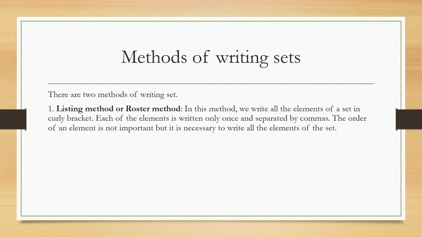The order of elements is not important, but it is necessary to write all the elements of the set. Means it is not necessary to write the elements sequentially. You can write first two, then one, but all elements should be included in that set.